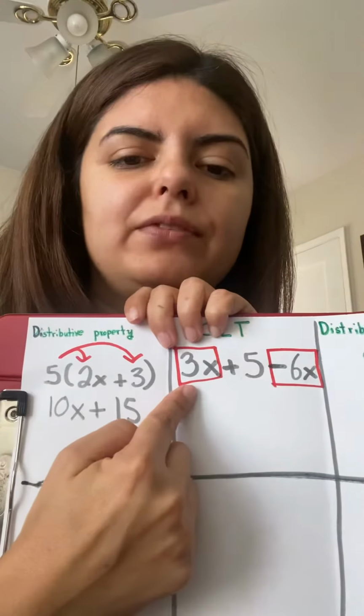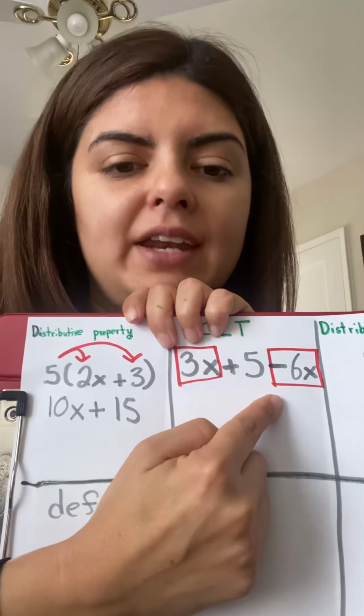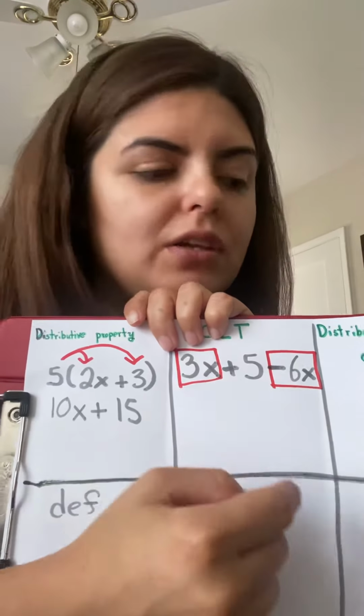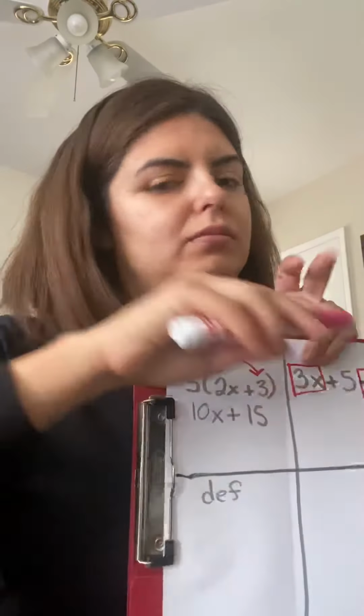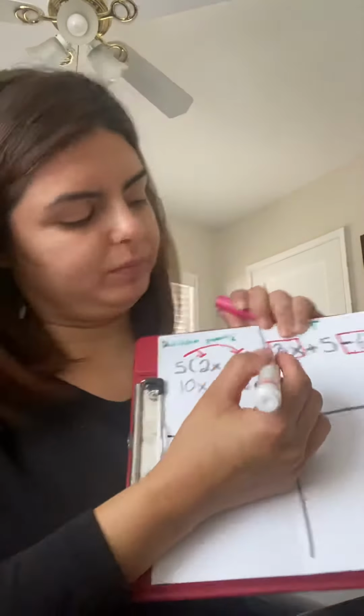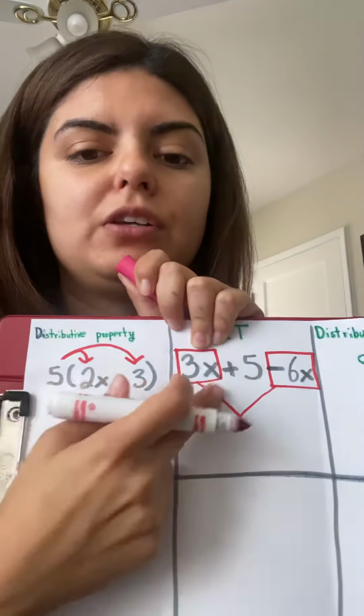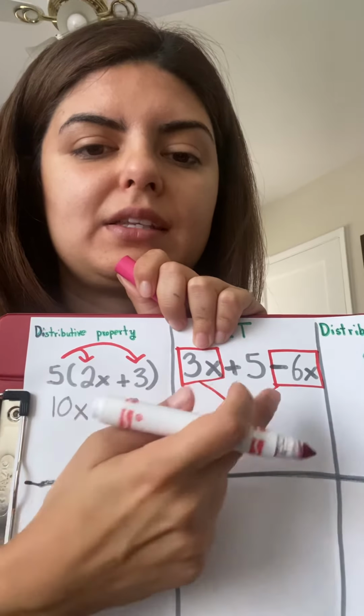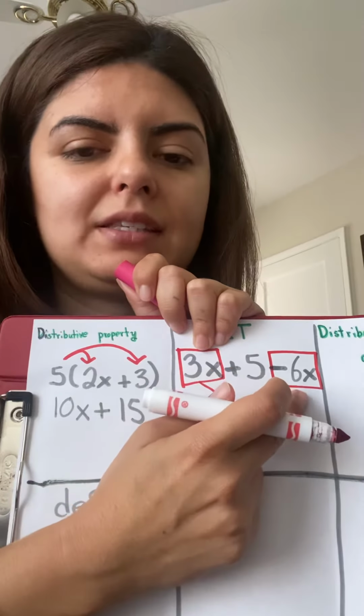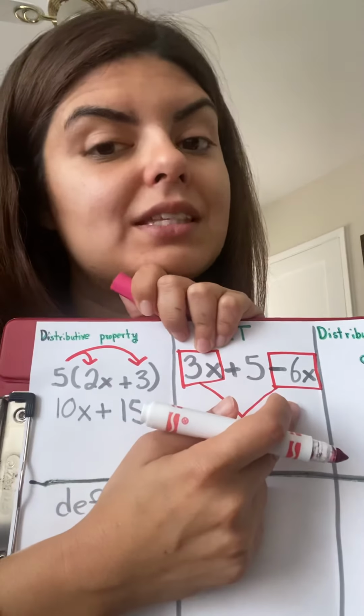So I'm gonna go ahead and box my terms that are the same. So here we have 3x and then we have negative 6x. So we need, let me get the marker, to combine those together. So 3x minus 6x. Now we need to take the sign of the bigger number.